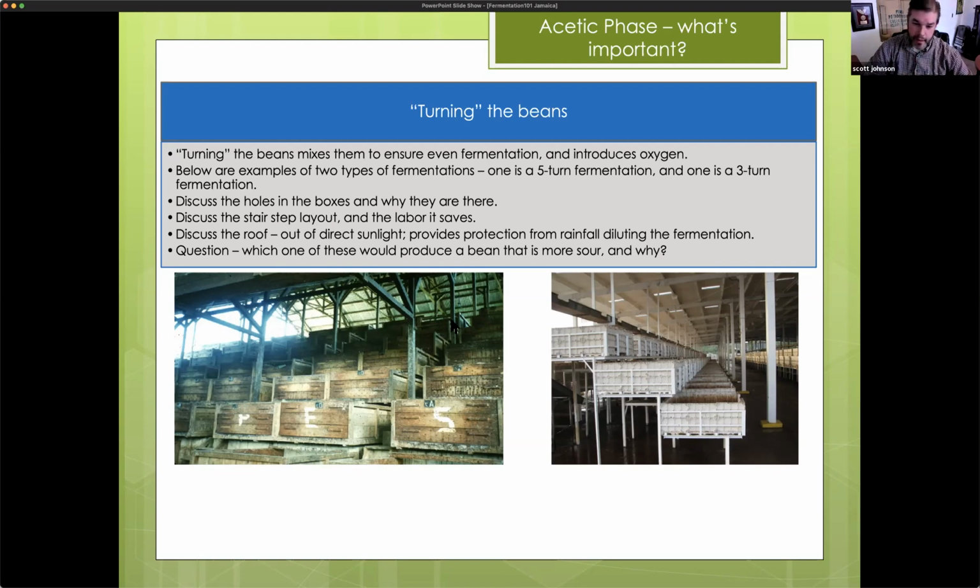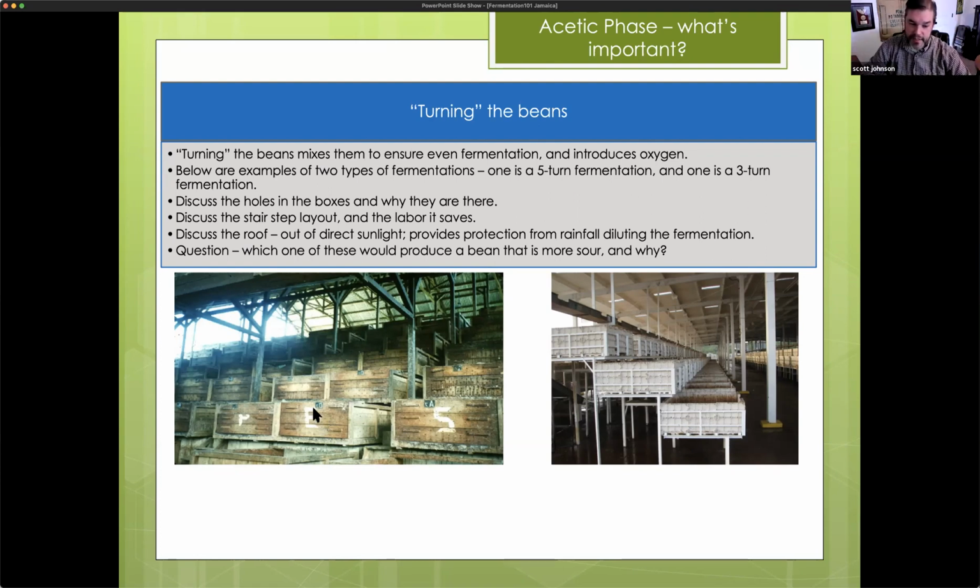Here's a fermentation setup in Ecuador where it's a 6-turn fermentation. We load our fresh beans in the top, and every 24 hours, the front of the fermentation box here lifts up just to make it easier. All our fresh beans are in this top box.